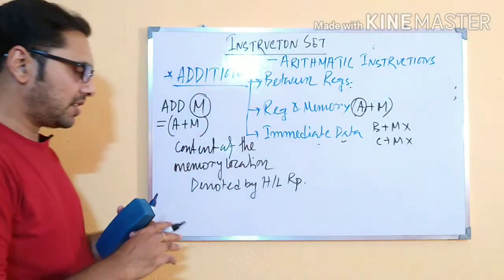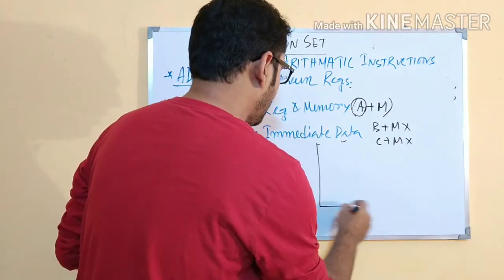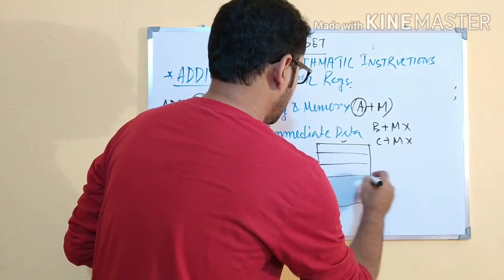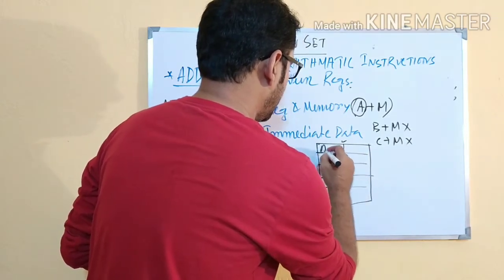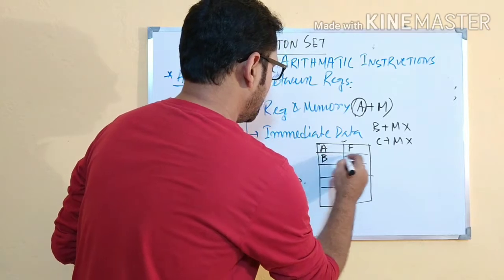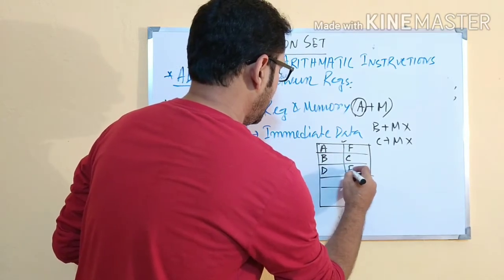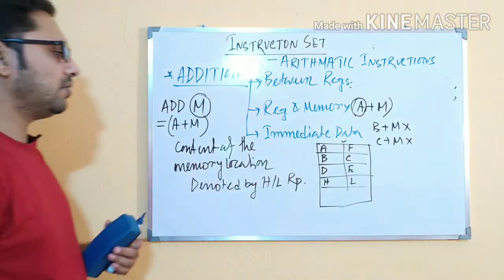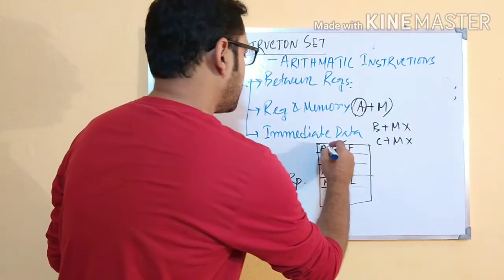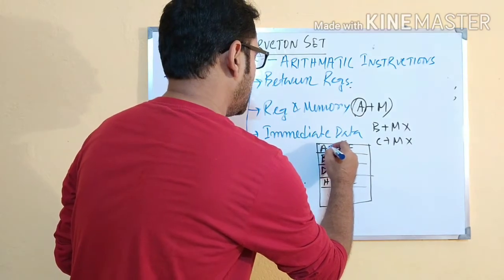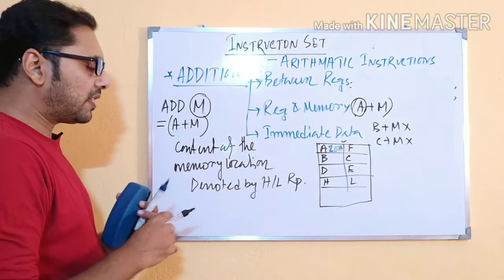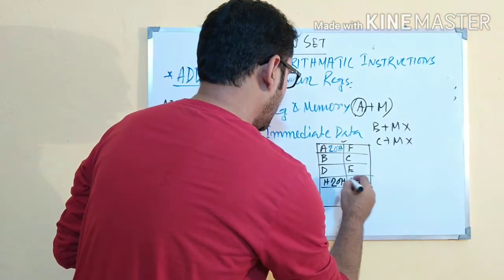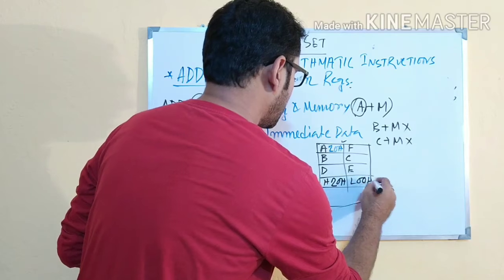So assume this is the programming model. I have always said that the programming model is important. That is A, this is F, this is B, C, D, E, H and L. Assume A contains a value, suppose 20 hex, and the content of HL here is maybe 20 hex, 00 hex.